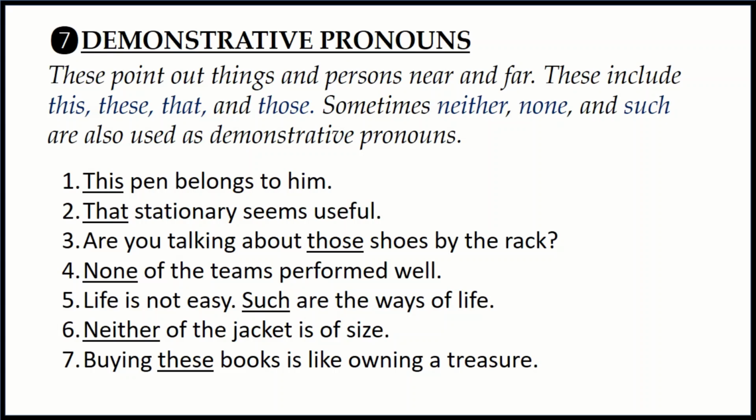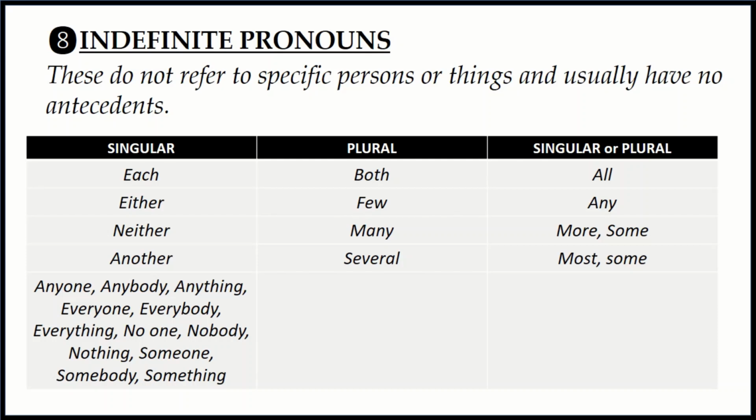Moving forward, we have indefinite pronouns. Well, these are those pronouns that do not refer to specific persons or things, and they usually have no antecedents. I mean, they don't make any sort of reference. They don't have any earlier nouns or pronouns, and they also don't specifically tell you about a person or thing.